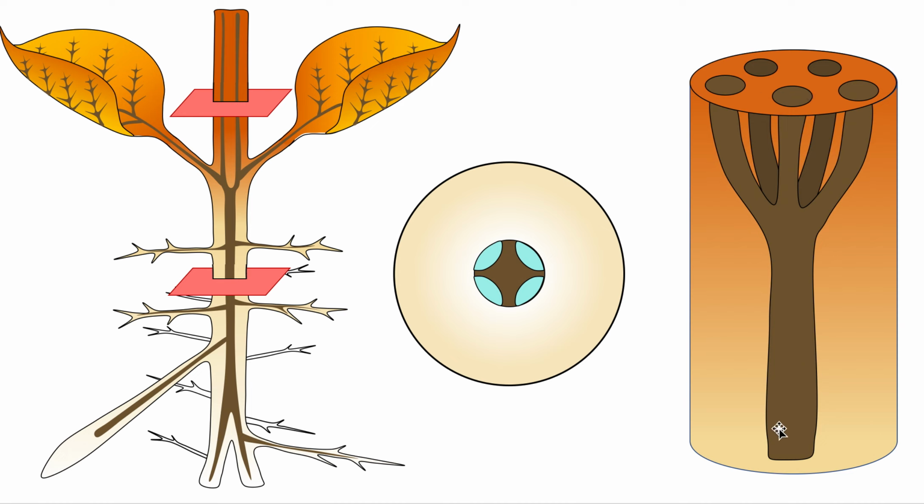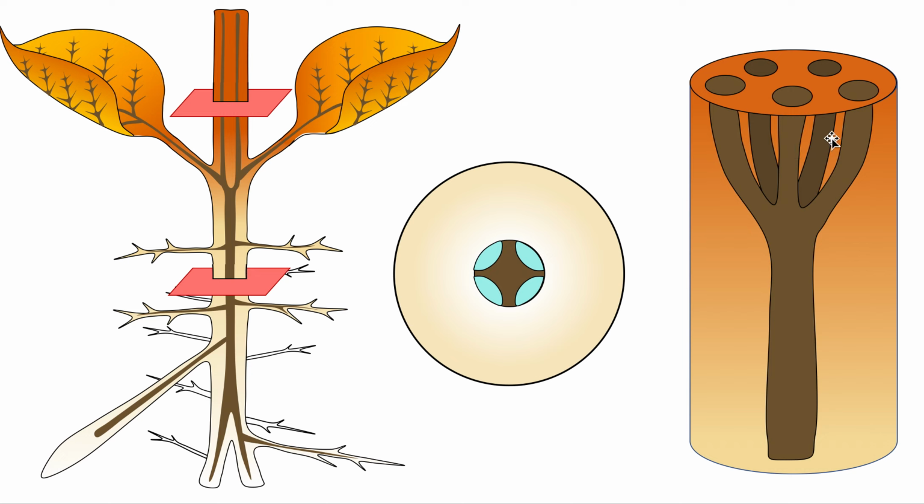Instead of being in the center like they were in the root, they start branching out into different little areas around. You can imagine the phloems will also branch out like that, because if the xylem starts branching out, the phloems are going to branch out the same way.